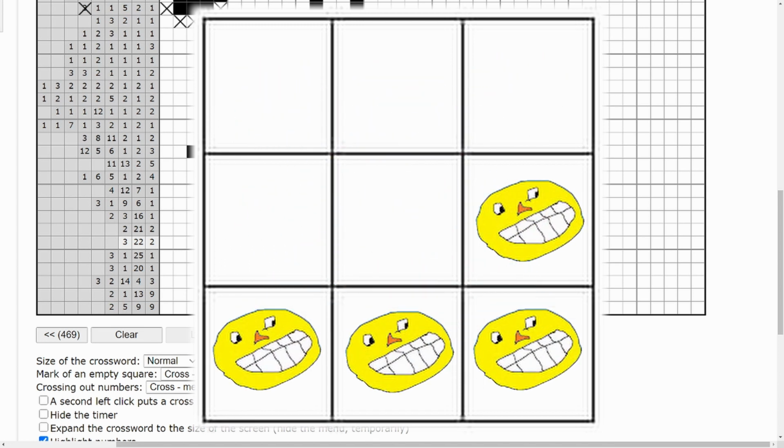Hold on. We've already done all the configurations for 4 filled squares. So what does that mean? Well, quite simply, we can just double the number that we got for 4 square configurations and make that the 4 configurations plus the 5 configurations.